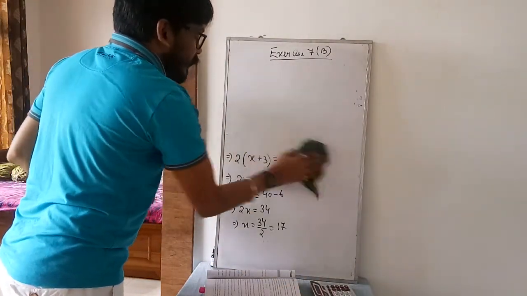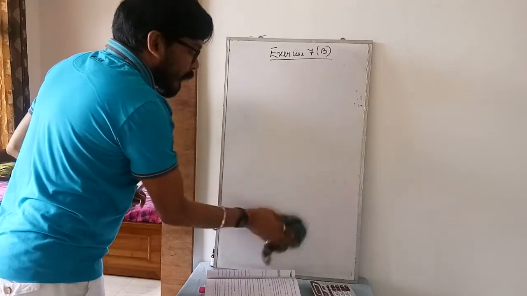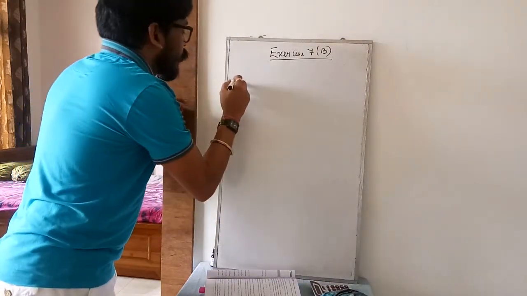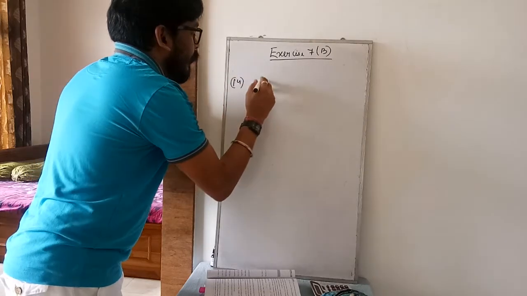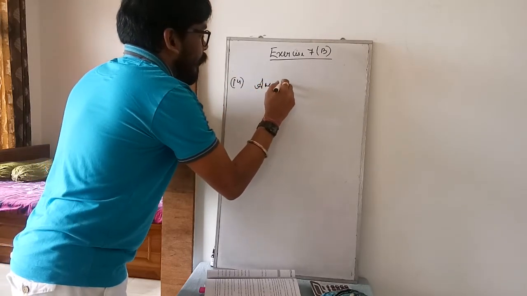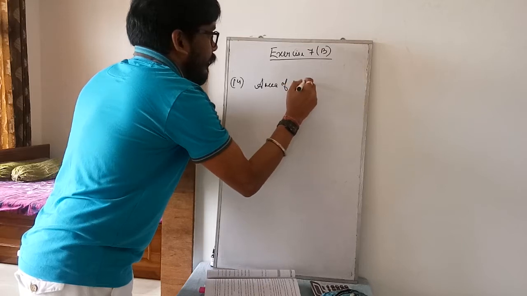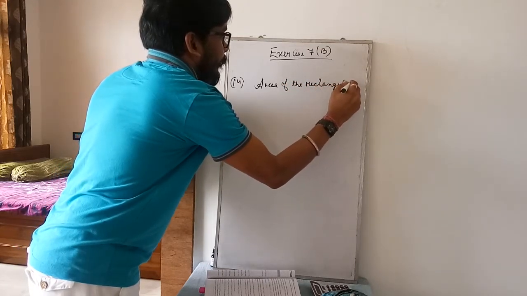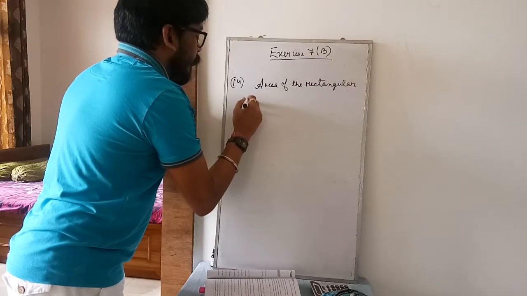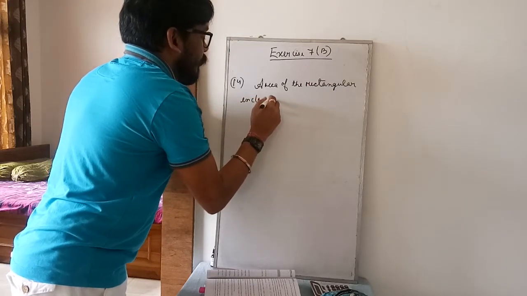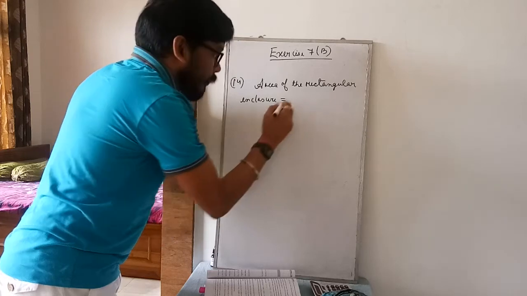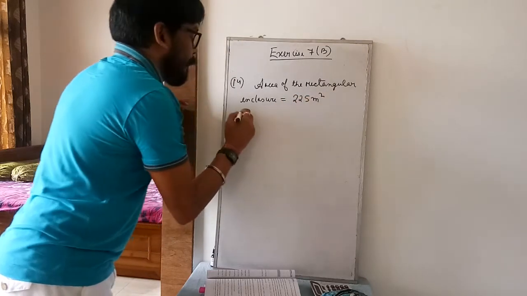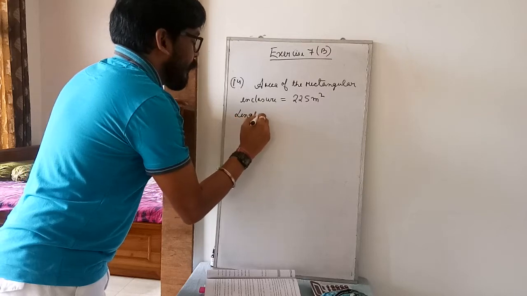What will you write first? Area of the rectangular enclosure equal to 225 meter square, and length given how much?